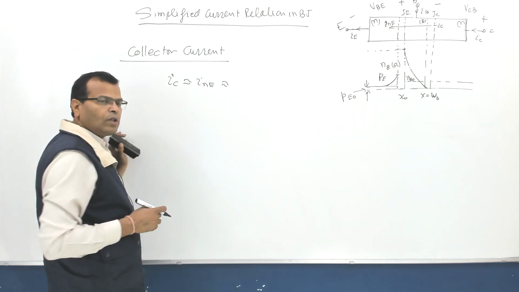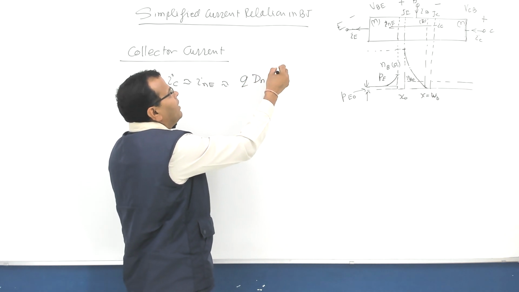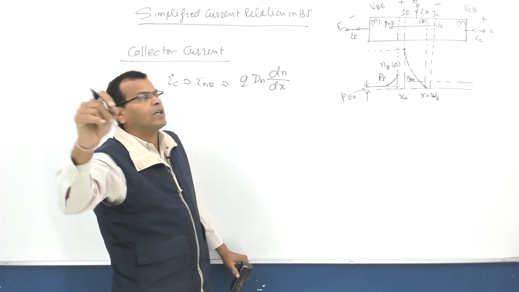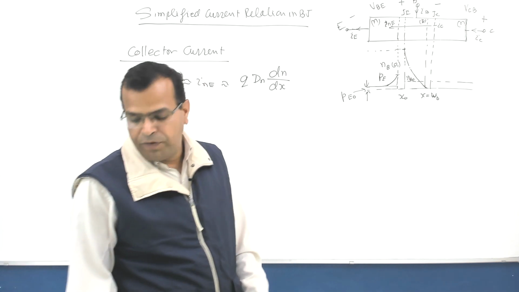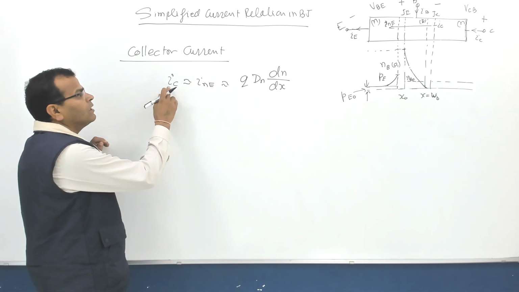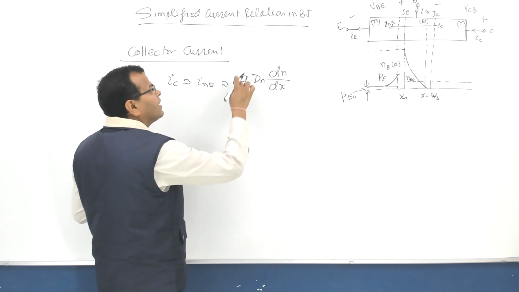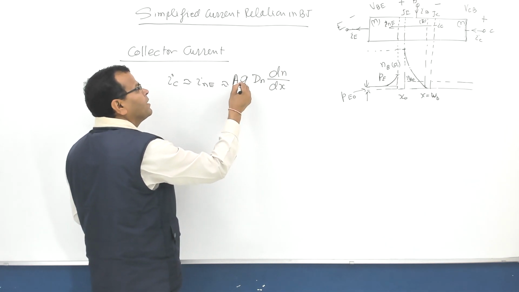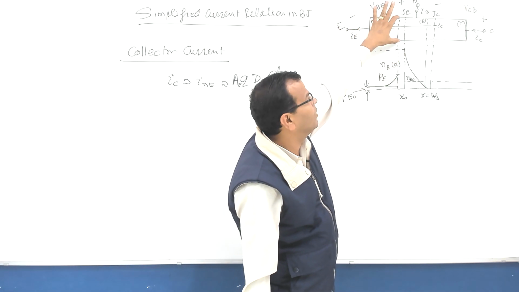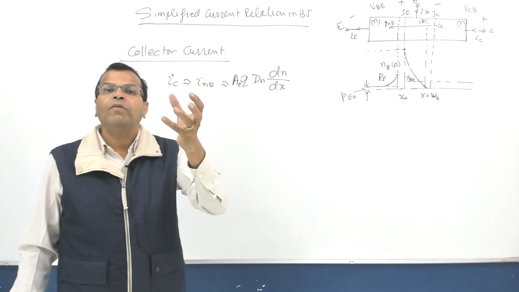So what is the current? Diffusion, dN by dx, that is the diffusion current because of electrons. Fine. So diffusion current of electrons is given by this relationship, but since this is the expression of diffusion current density, I will be multiplying it by the area of the emitter junction, that is the area of cross section of the forward bias junction.